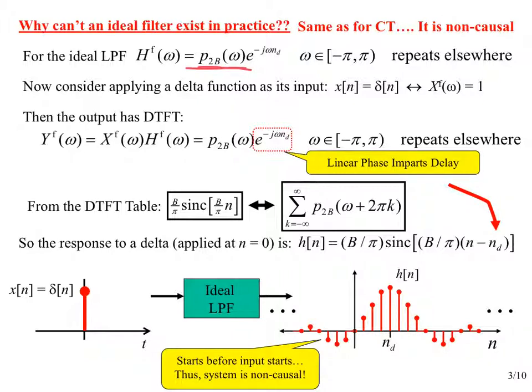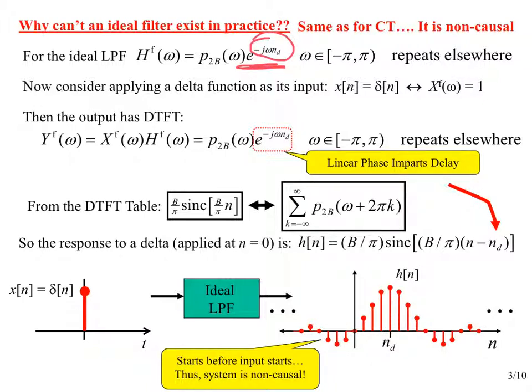Since we're talking about a continuous variable here, 2B specifies the width of the rectangle, so it goes from minus B to plus B. Then we have this phase term, e to the minus j omega n_d, and the minus omega n_d defines that linear function of omega.